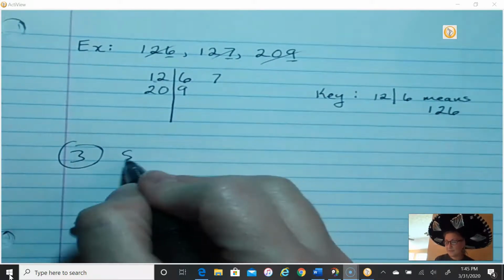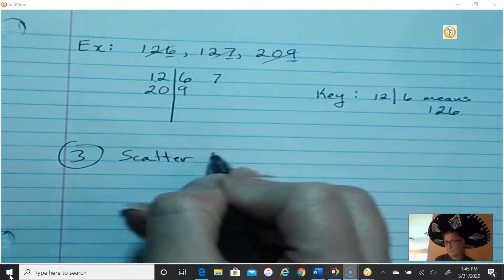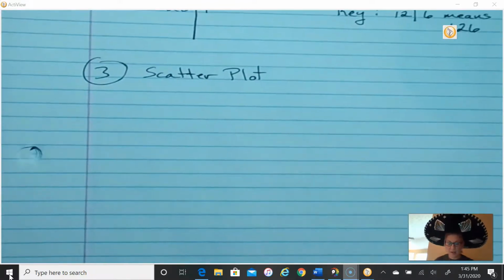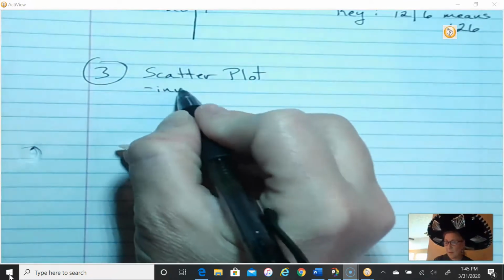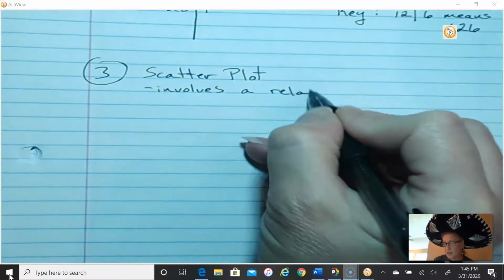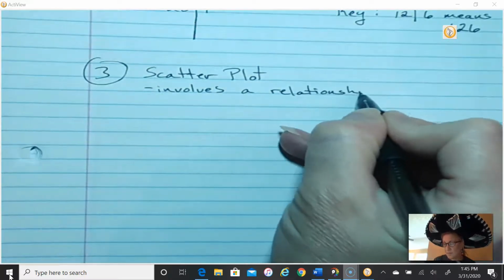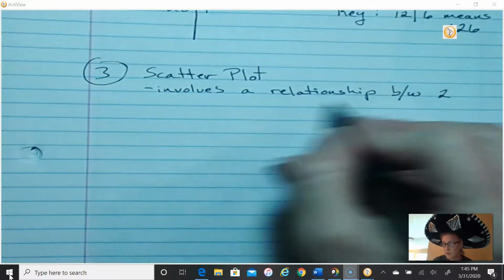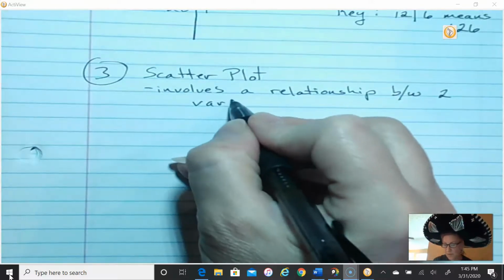Okay? All right, the last one, scatter plot. A scatter plot involves a relationship between two variables.